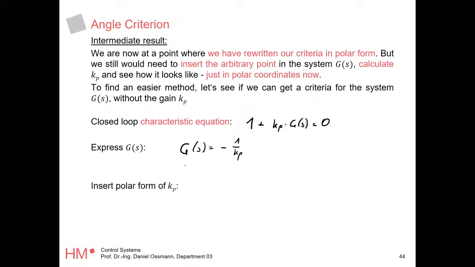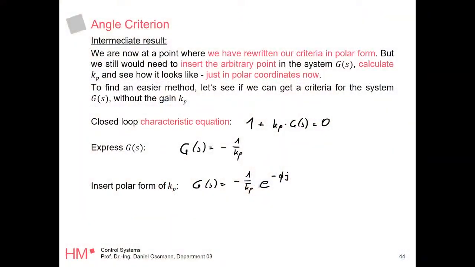And now we are inserting the polar form for Kp. We said Kp has an amplitude, which we named Kp bar, and it has an angle. And instead of the angle phi times j, we're simply writing minus phi times j, right? Because it's inverted.